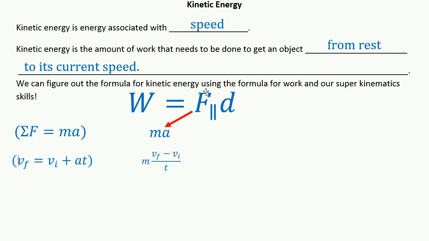Now, remember, we said kinetic energy was the work needed to get an object from rest to its current speed. So if we're starting from rest, that means vi is 0.